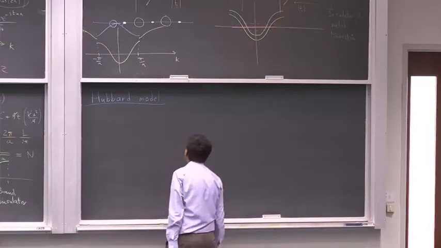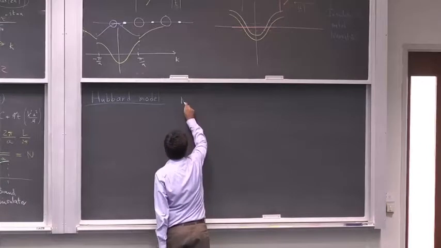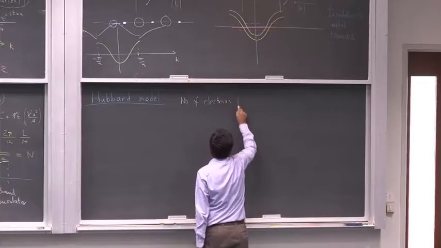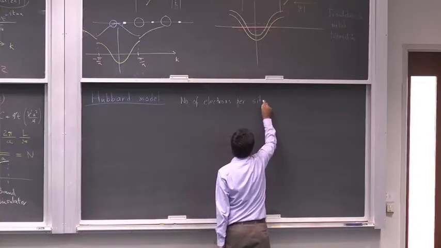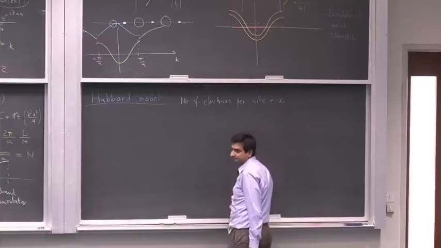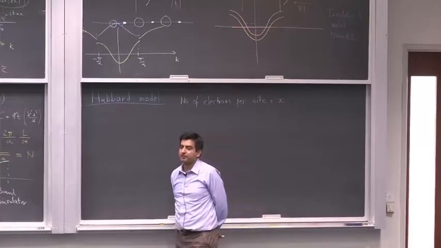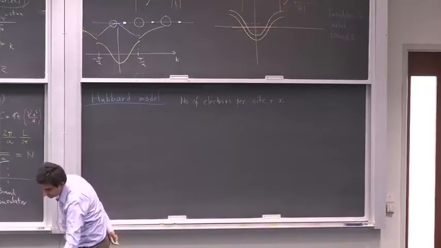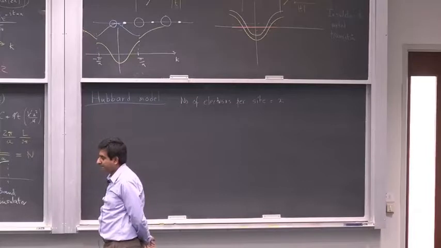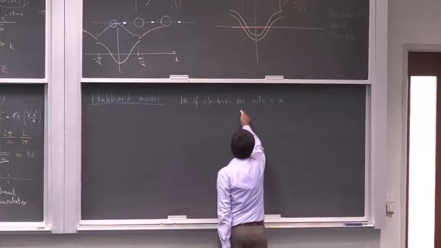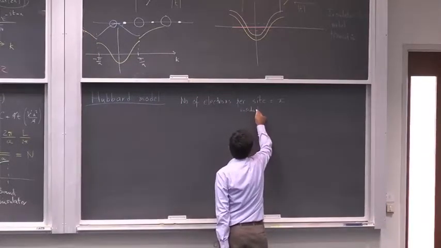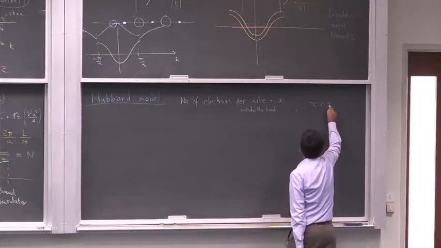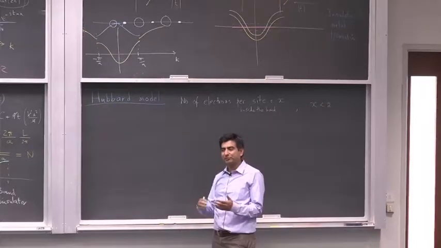Suppose that the number of electrons per site is x, per site inside the band. We know that if x is less than 2, we have a metal. For x equals 2, we have an insulator.